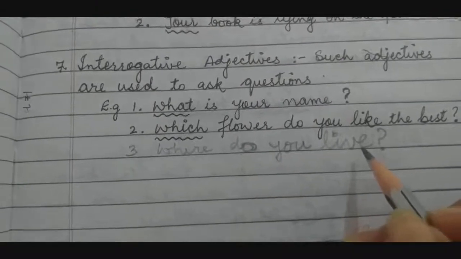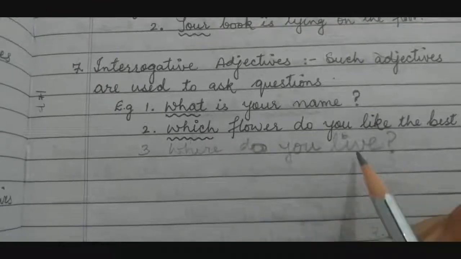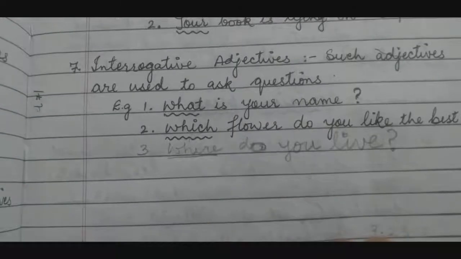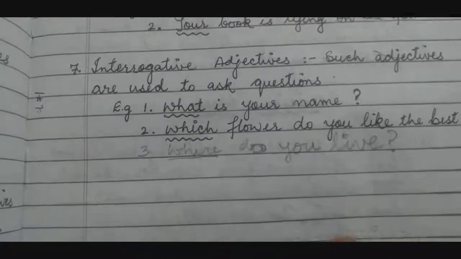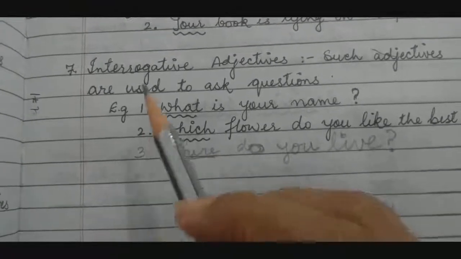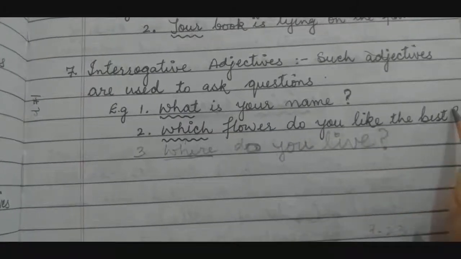You won't understand what the correct sentence is. But when I say, where do you live? Then you can understand that the word where asks questions. So this where becomes an interrogative adjective. Clear to everyone? Interrogative adjectives always end with a question mark.